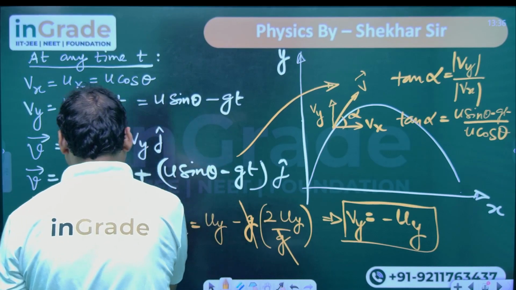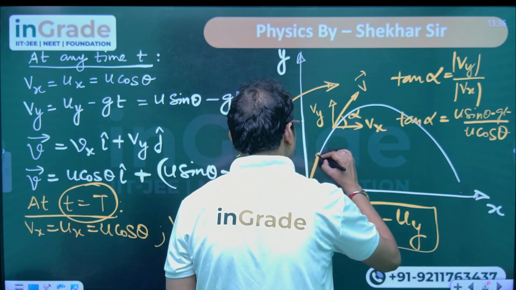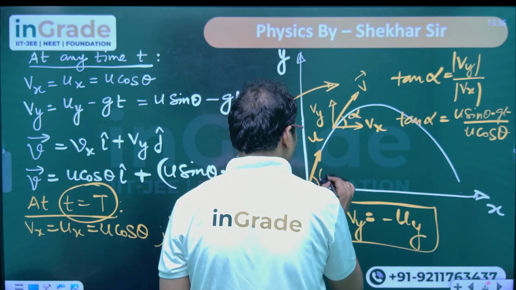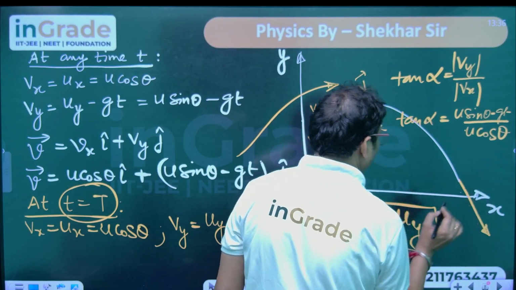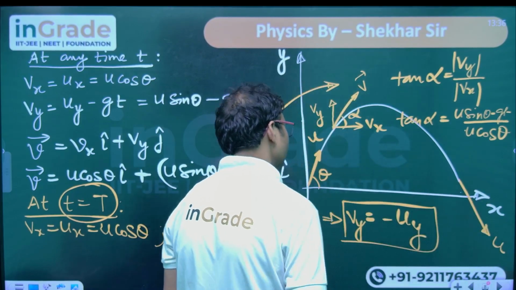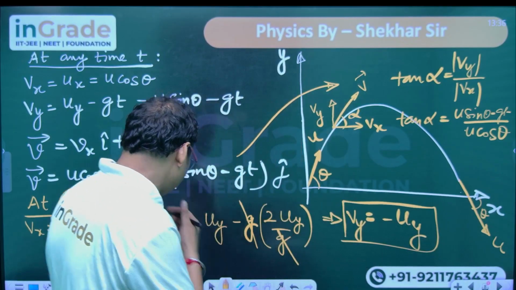Now for t equal to capital T, if the particle's initial velocity is u, making an angle theta, then its final velocity is also u, making the same angle theta. Why the same angle theta?